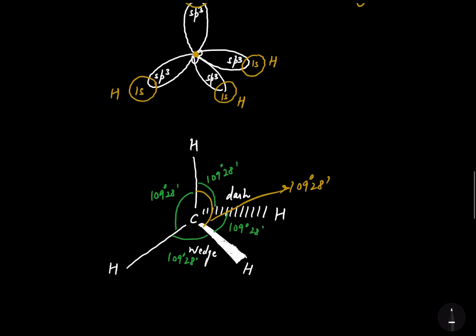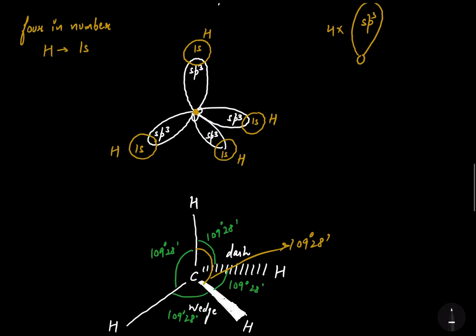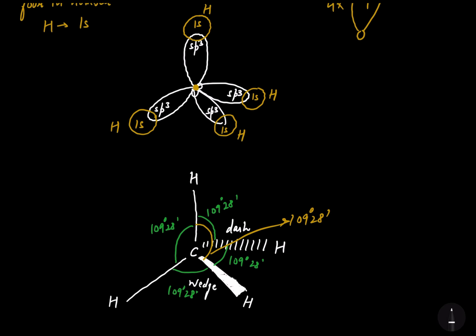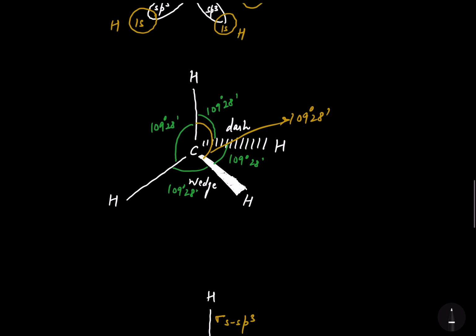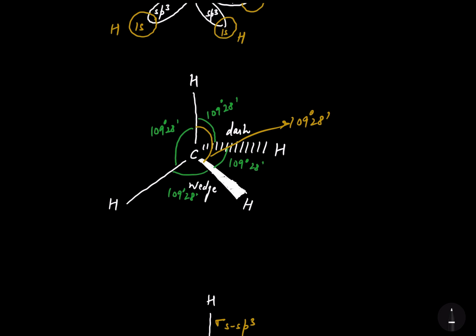Now let's come over here. Every hybrid orbital has a fixed orientation in space. Here you can see that the fixed orientation stands for fixed angles. Here we have 109 degrees and 28 minutes, the fixed angles in 3D space. In this diagram, the bonds are on the screen, the wedge is coming out of the screen and the dash is going inside the screen.